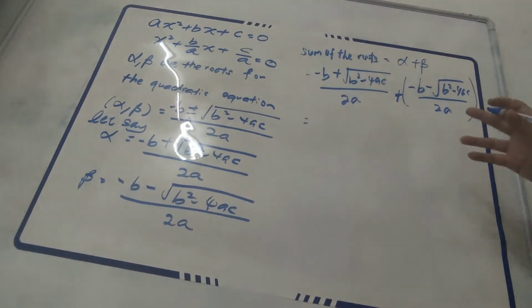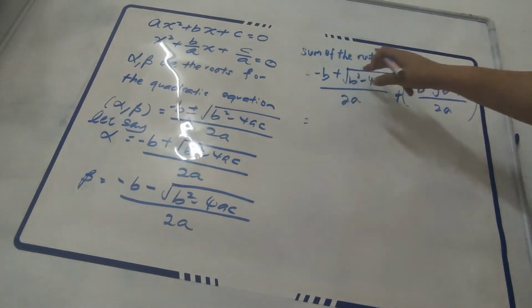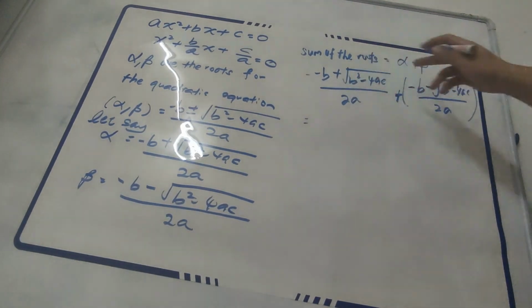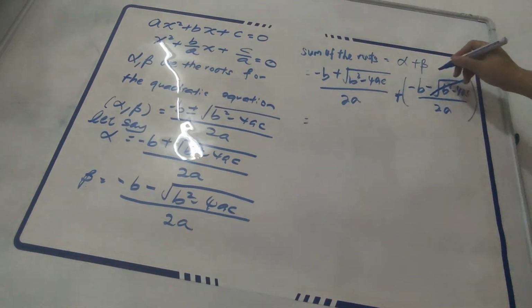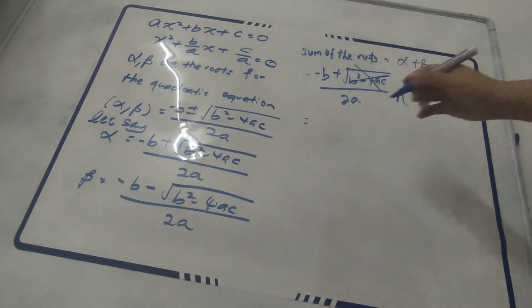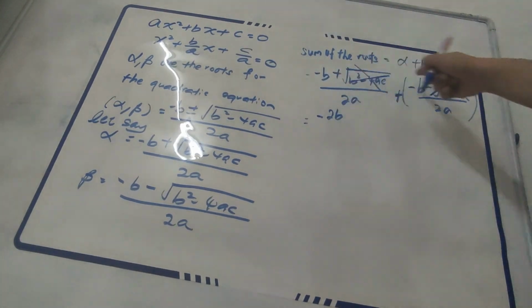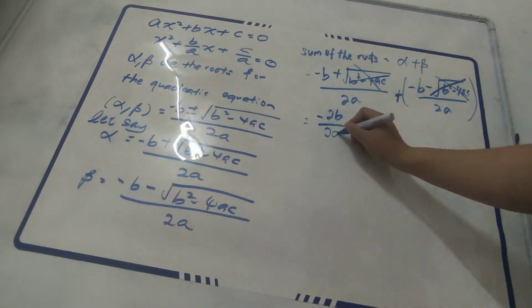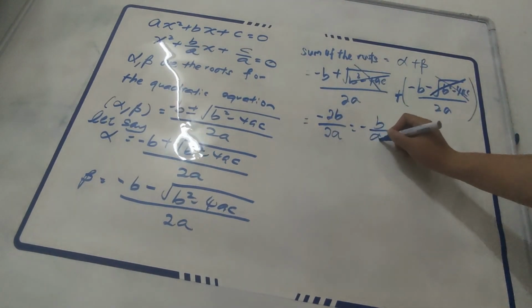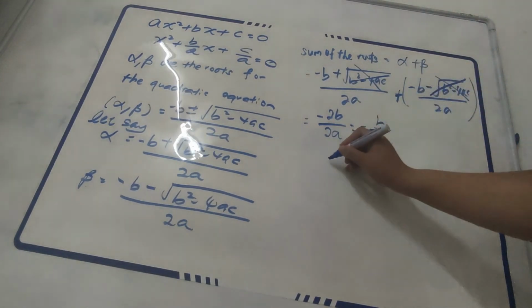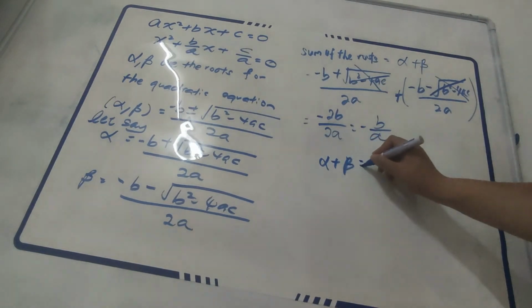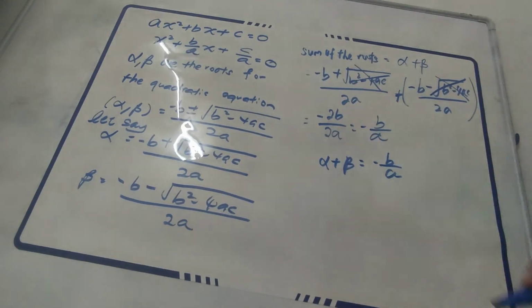Actually it's not so complicated, because the plus square root of b squared minus 4ac and the minus square root of b squared minus 4ac cancel, leaving minus 2b divided by 2a, which is minus b over a. So this is the sum of the roots: alpha plus beta equals minus b over a.